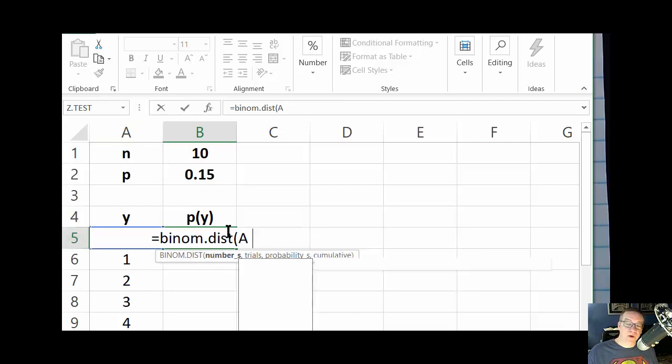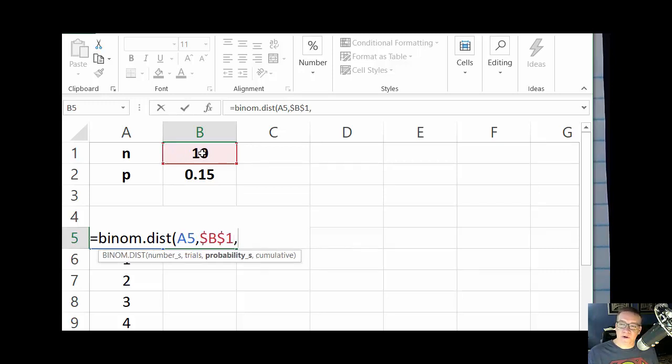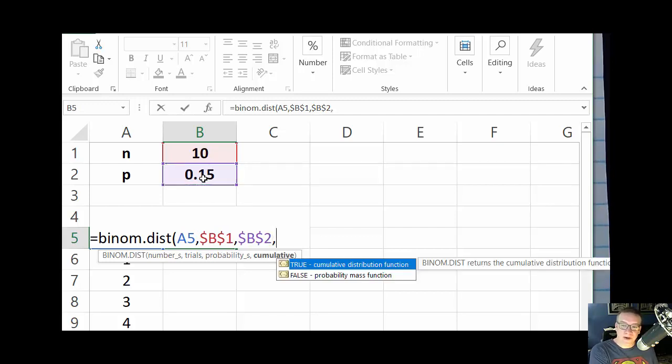That is what is over here in A5. Okay, so A5, that's what's in that column. That was my 0. It's hidden right now, but that's what it is. The number of trials, well, that's this value up here. And I'm going to put some absolute reference qualifiers around that. The probability of success, that's going to be this number right up here in B2. And I'm also going to put the absolute reference around that because those values won't change.